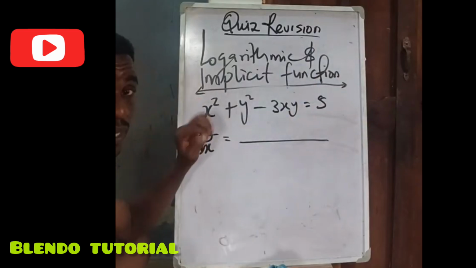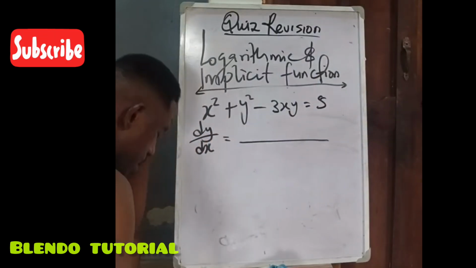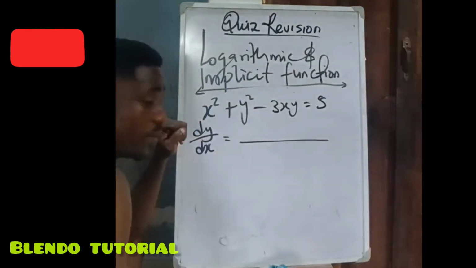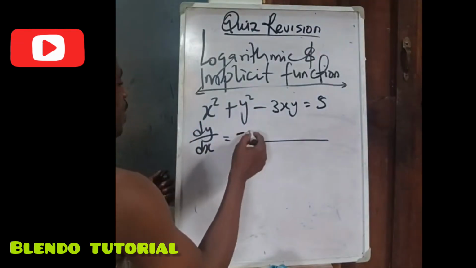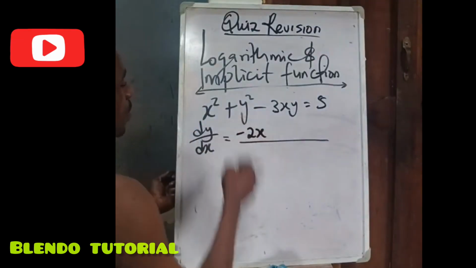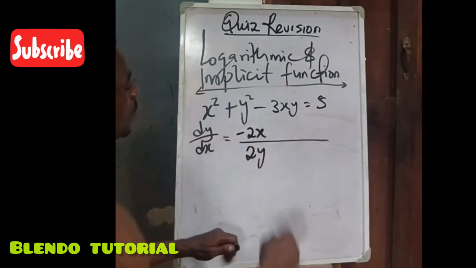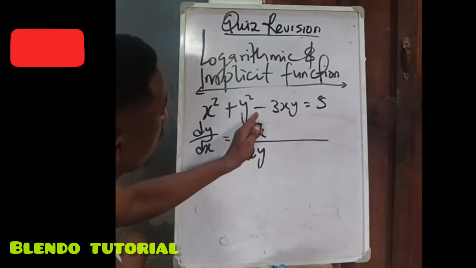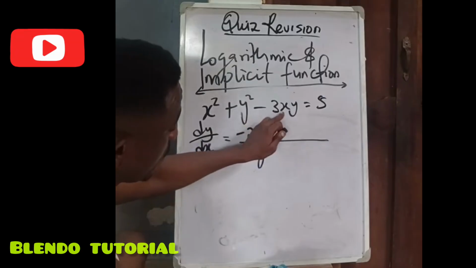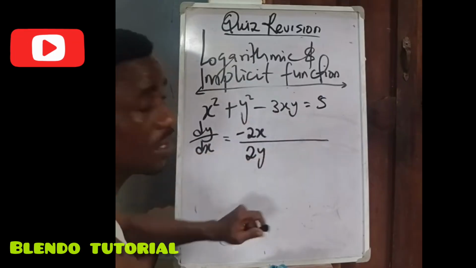Because x is not supposed to be here, it will be negative. So x squared, differentiate x squared, you get 2x. You have minus 2x at the numerator. Differentiate y squared, which is supposed to be here, you have 2y. Differentiate minus 3xy. This minus is attached to this, just this 3x, so that y can stand on its own.